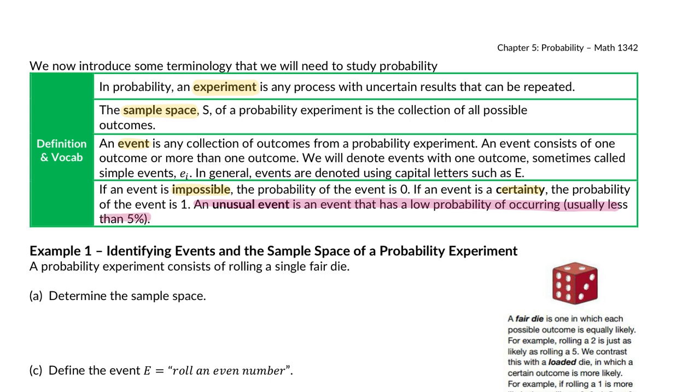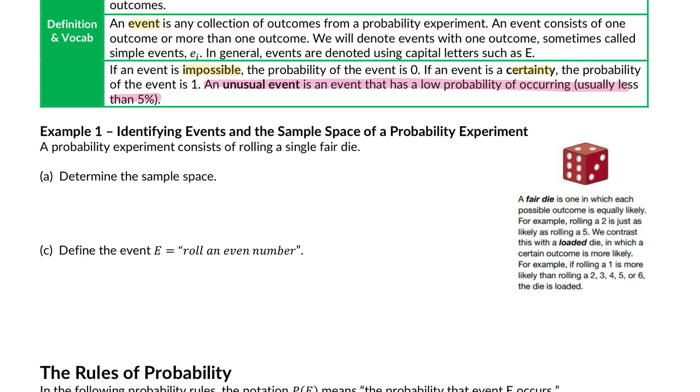And in general, we consider that to be 5% or less. That's going to be considered unusual. It's pink. So an unusual event, in general, has 5% or less probability. There's parts of this book and parts of probability where you change that number, but in general, we're going to say 5%. So let's just explore these vocabularies for a little bit.